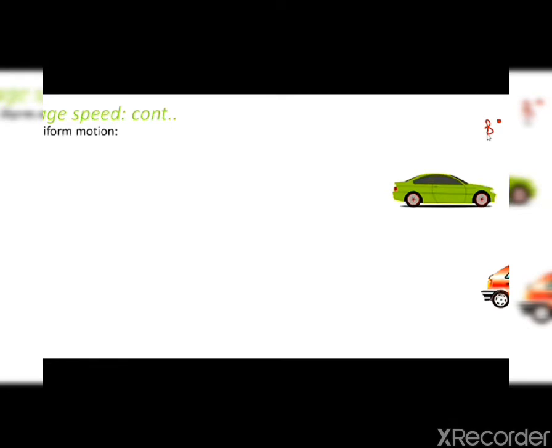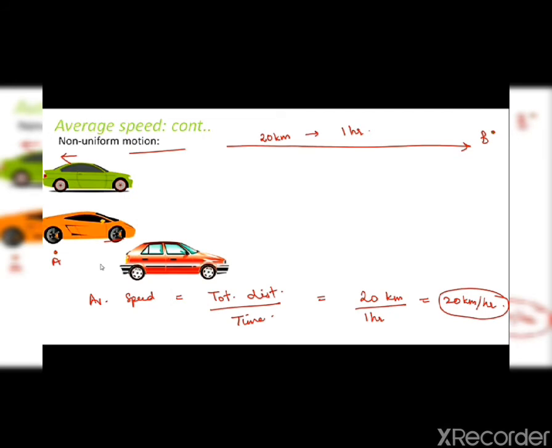Now let us suppose the distance between point A and point B is 20 kilometers, and the time it took to reach from A to B is 1 hour. So the average speed would come out again 20 kilometers per hour. So this is my average speed for the entire journey.